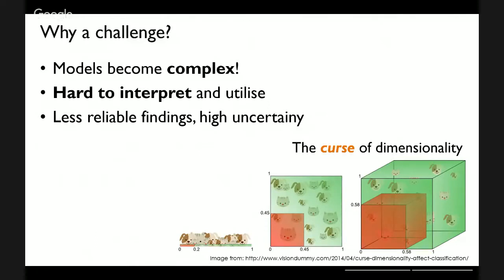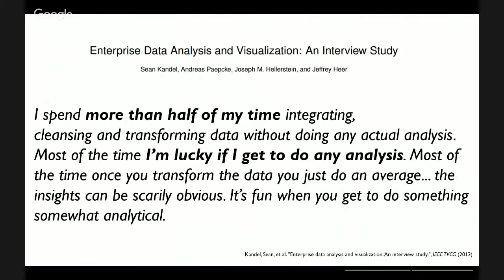Then the findings become less reliable because there are lots of assumptions that are not met by computational tools. There's a lot of uncertainty. Especially in this particular context, some people like to use the term the curse of dimensionality, which is being used in all different senses. But that's another challenge. And to add on to that, the data is never perfect.